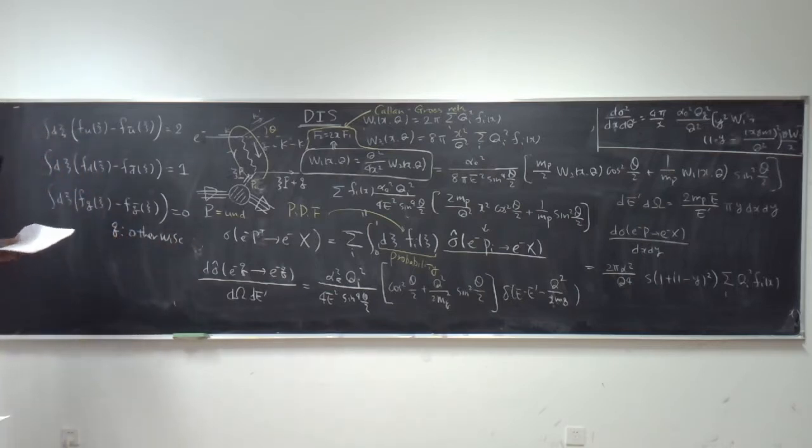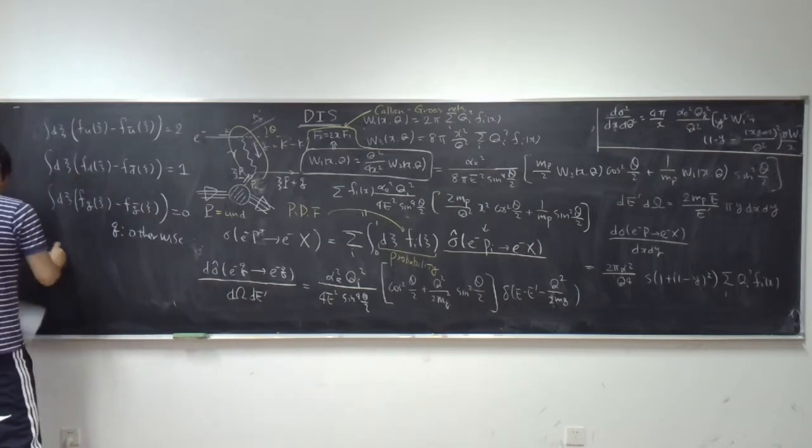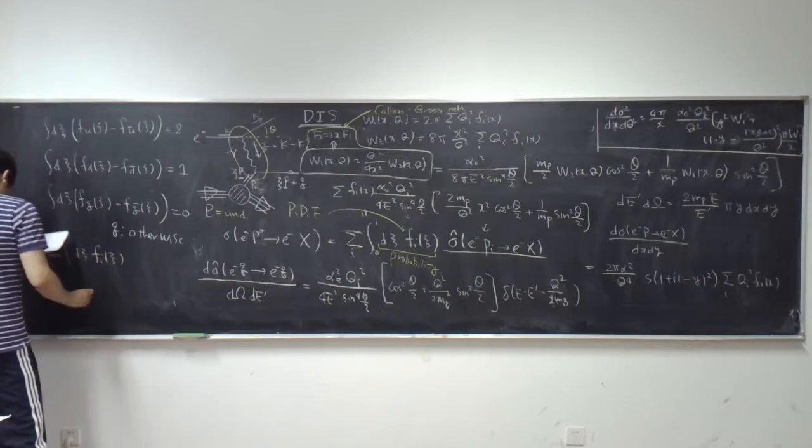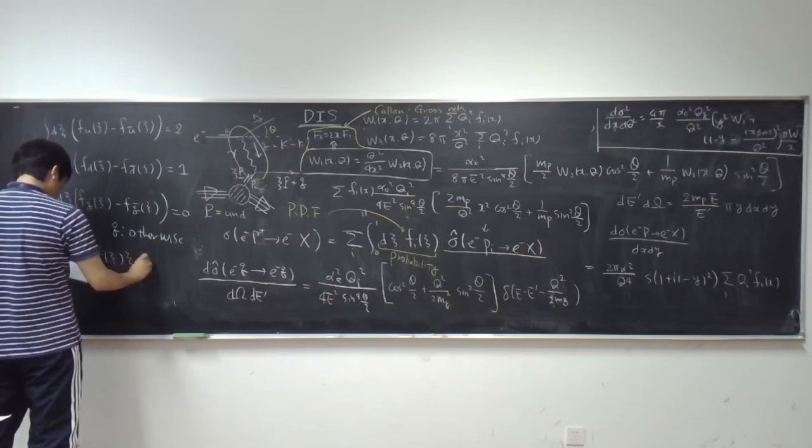And also you have to include the momentum conservation. Sum over i of the integral dx x f_i(x) is equal to 1.